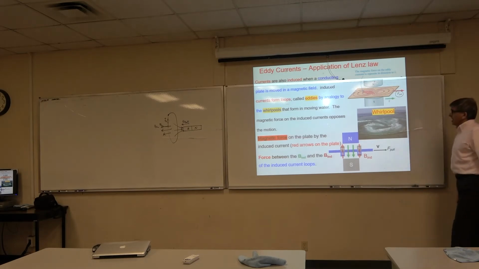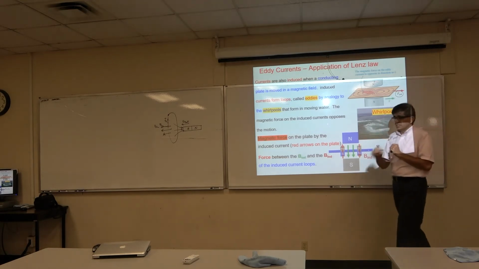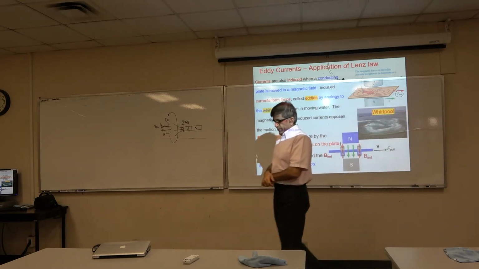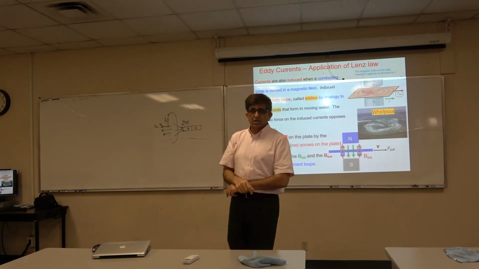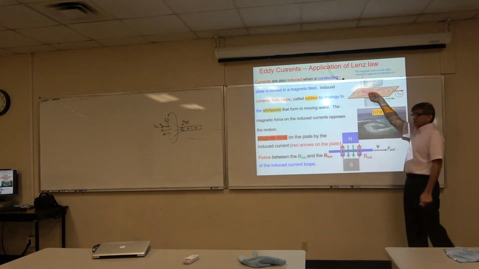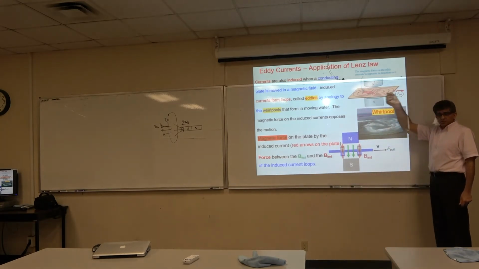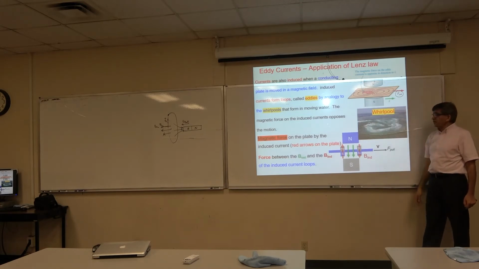And if I look at that, now Lenz's law tells us that the effect will oppose the cause. Now what is the cause over here? The cause is my force, which is the pull force, if I pull this conducting plate.